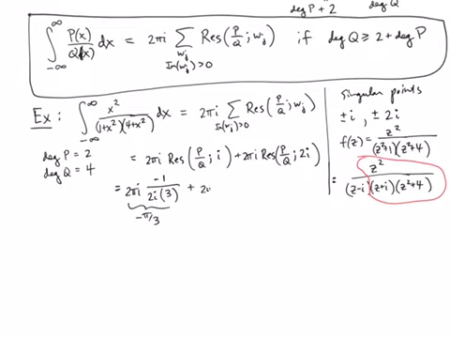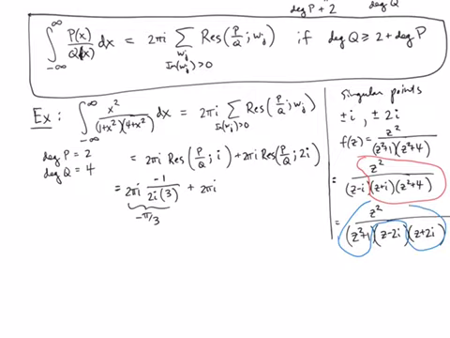And then we have 2 pi i times, well, on the other hand, we can write our f of z as z squared over (z squared plus 1) times (z minus 2i) times (z plus 2i). Focusing on 2i, that in blue will be our k of z. Plugging 2i into that k, we get minus 4 over minus 3 times 4i.